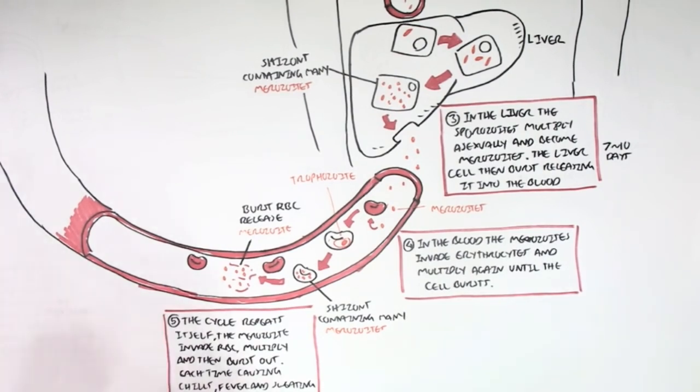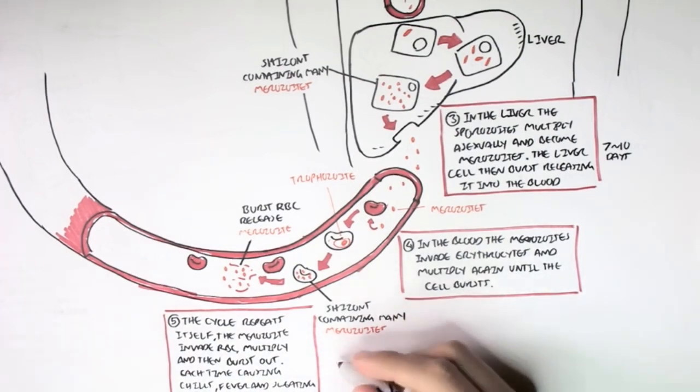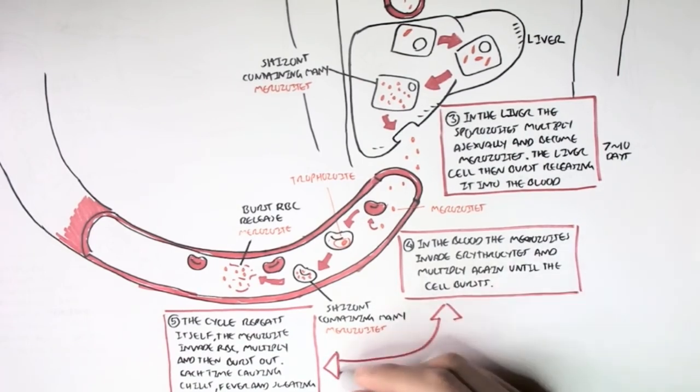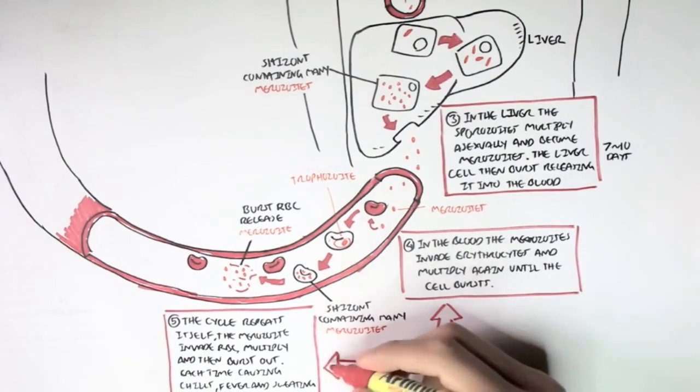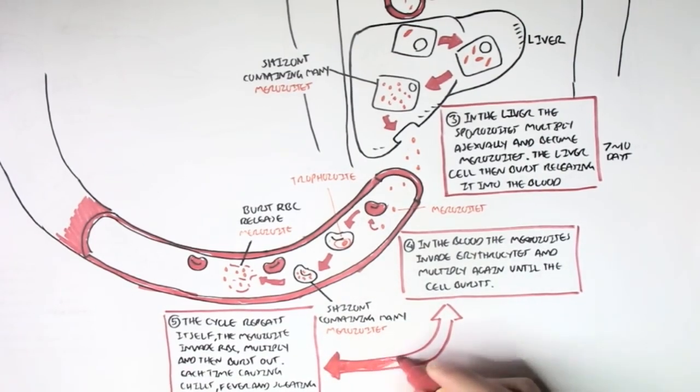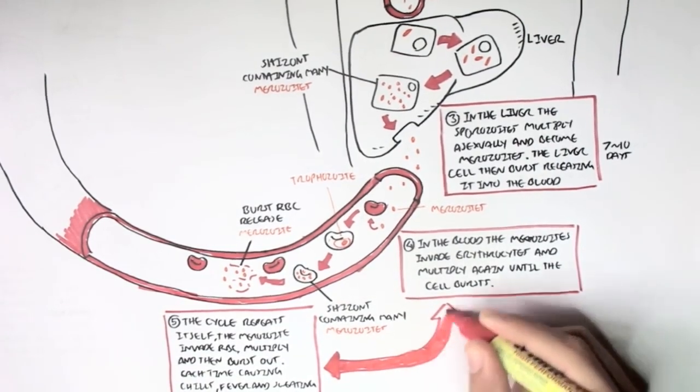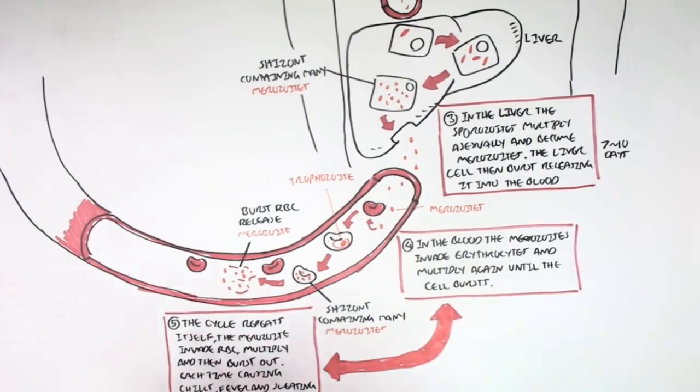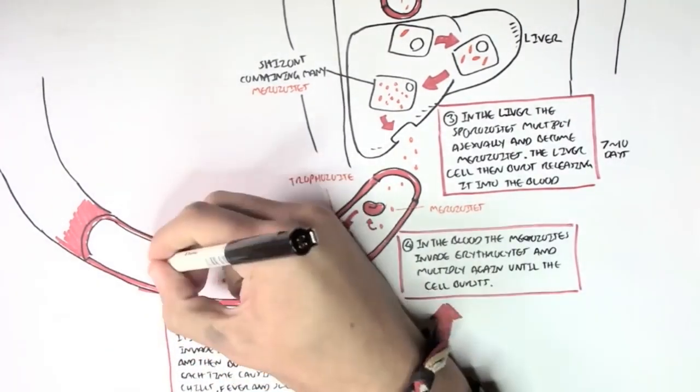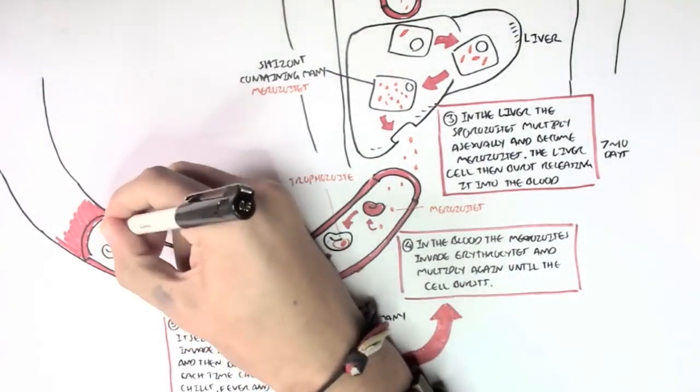So with each time these red blood cells burst, releasing more merozoites, the person will keep having chills, fever, and sweating, and this cycle just continues, and this may eventually lead to death because of depletion of red blood cells, for example, and high temperature. So these merozoites will keep invading red blood cells and multiply.